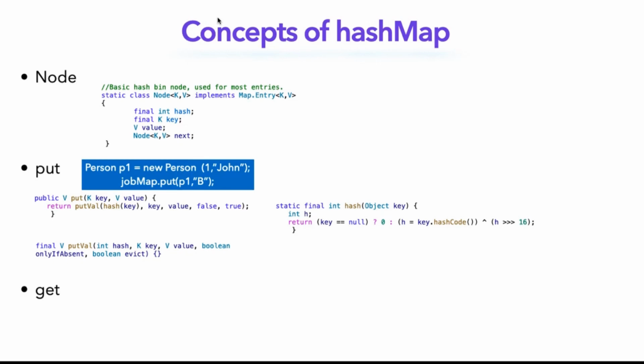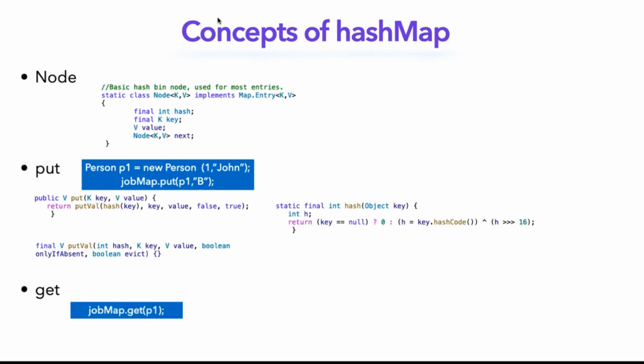So if the key is null, it will always be stored at location 0. In another case, it will calculate key.hashCode and XOR it with the value shifted by 16. And this is how it will calculate the hash index. So this hash method is very important in calculating the index for the bucket.